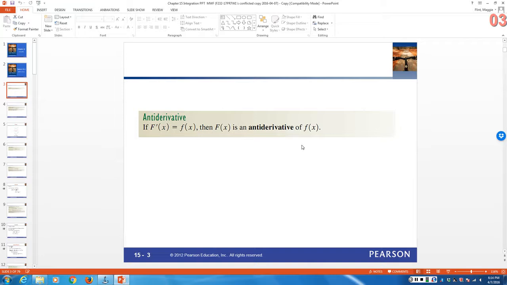Now, to put it another way, an antiderivative is basically a rate of change formula. So you are given the rate of change formula for a function and asked to go back and figure out what the function was. And that sounds difficult, but you've actually done it before.